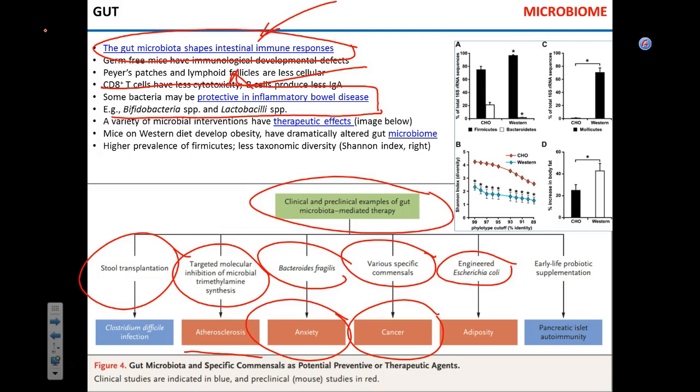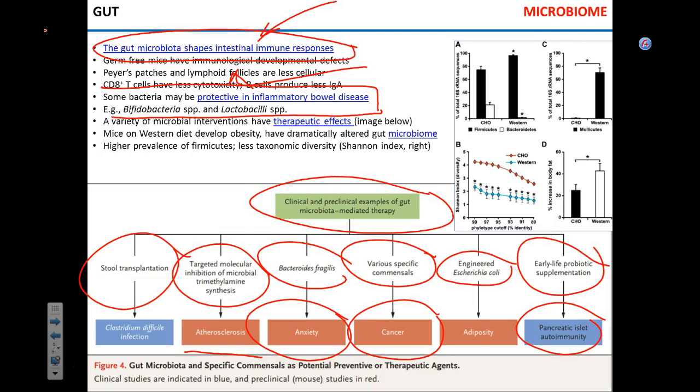That makes sense so far? On top of that, there are observations that supplementation of probiotics early in life may actually ameliorate the signs of autoimmune disruption of pancreatic islets and either prevent or reduce the insulin deficiency in patients with high risk for type 1 diabetes.